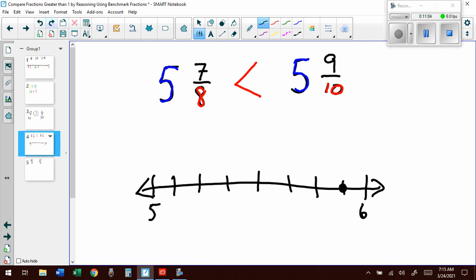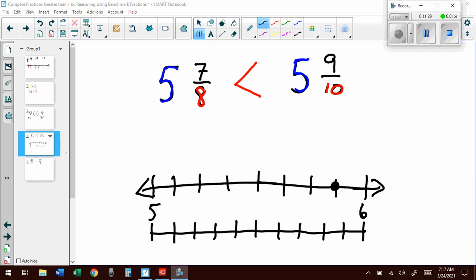Whoops. Pieces aren't equal again. There, we got some equal pieces now.